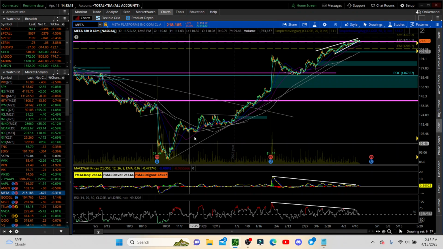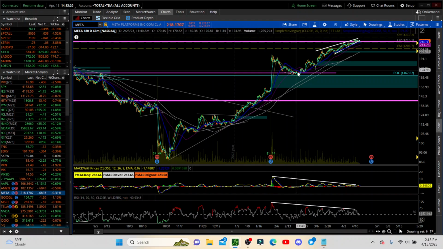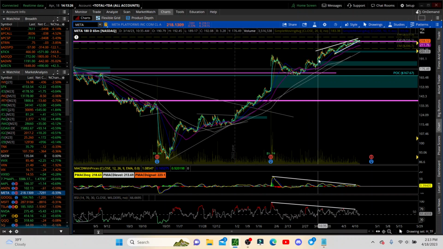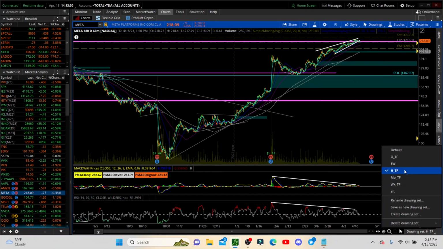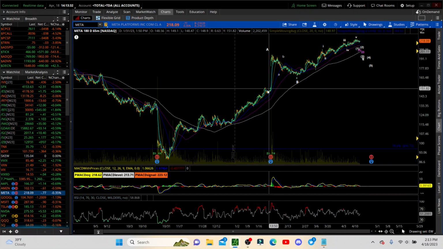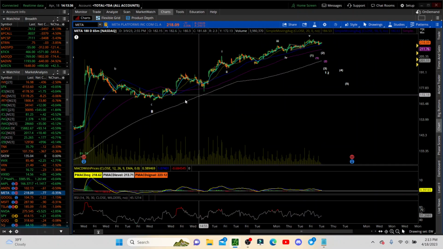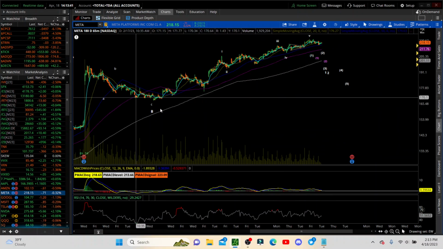So I think this is one big A, a 3-wave move up for an A, a 3-wave move down for a B, and now I think we have our ending diagonal. You have a larger A, B, C for an A. And let me just go to the Elliott wave count. I think I updated that. Yes. So this is our final 5-wave move as part of this ABC correction.